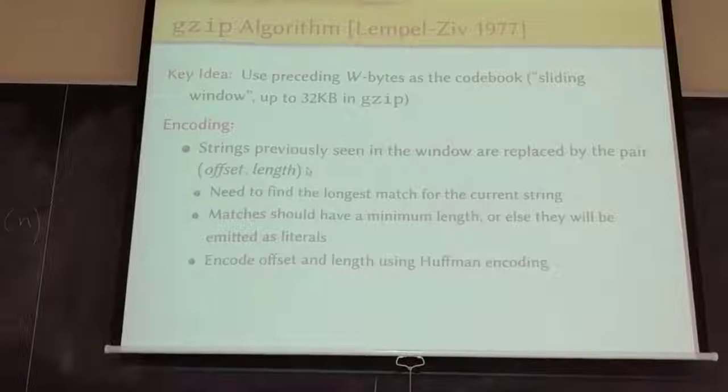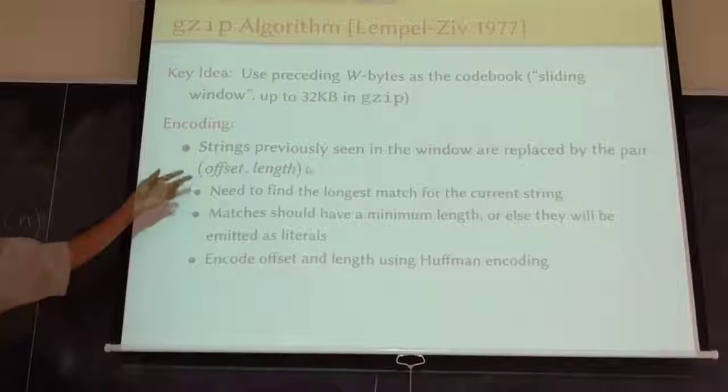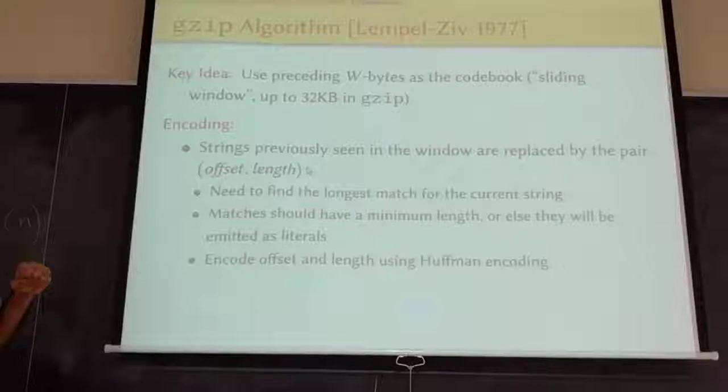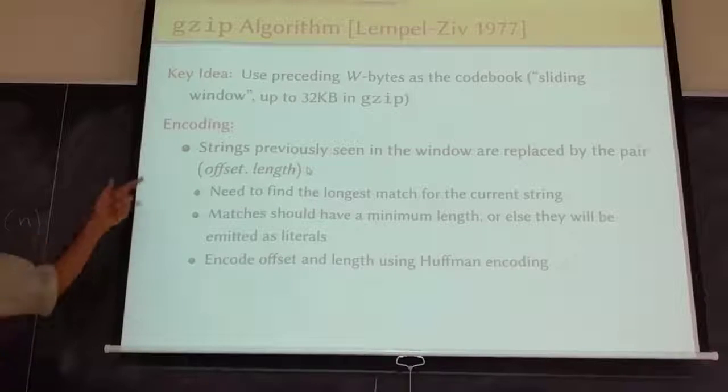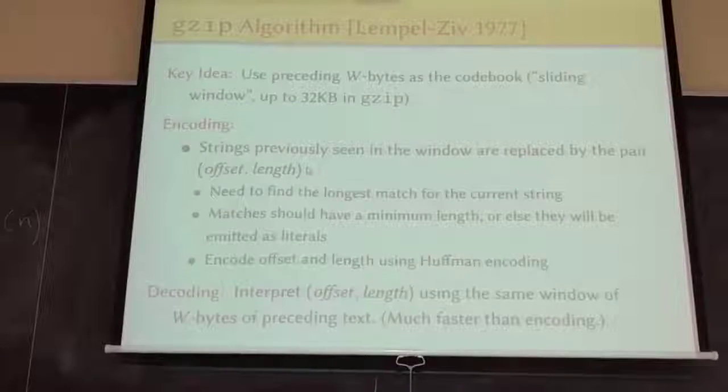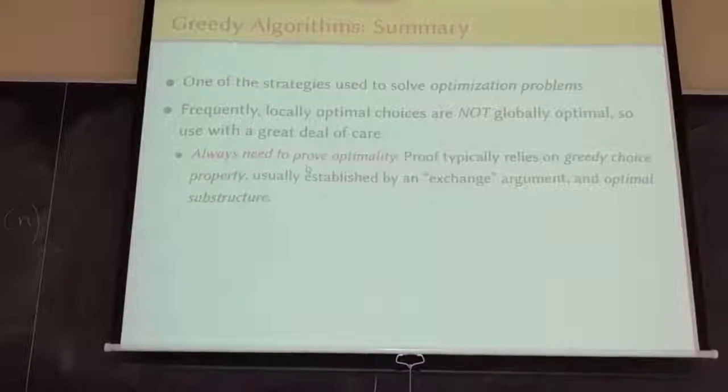But if it doesn't occur before, or it's too small that the pointer itself will take more space than putting the string in, then you just repeat that string, and then at the second stage, you can use techniques like Huffman coding, so that the pointers themselves will be very compact. And gzip, of course, gives you a lot of speed, a lot of compression.